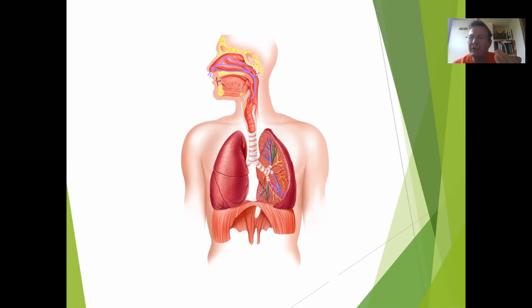It also stops irritation if it's slightly moist. So air which passes over those capillaries also passes over these tiny little mucus cells, which makes it slightly moist, and it also helps filter that air as it comes in. So it's good to breathe through your nose because it gives that filtration, whereas if you just sit there with your mouth open, you don't get that filtration effect.